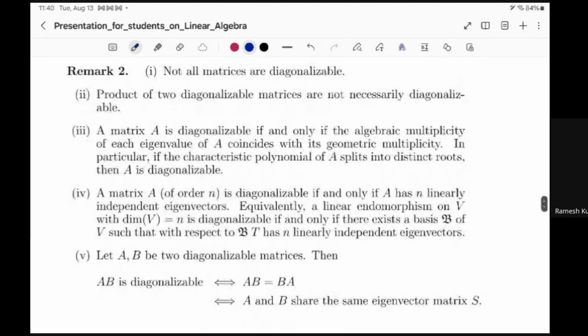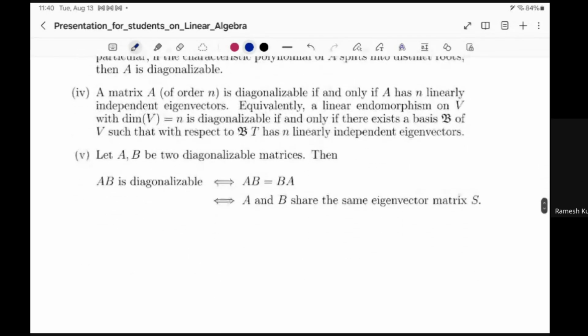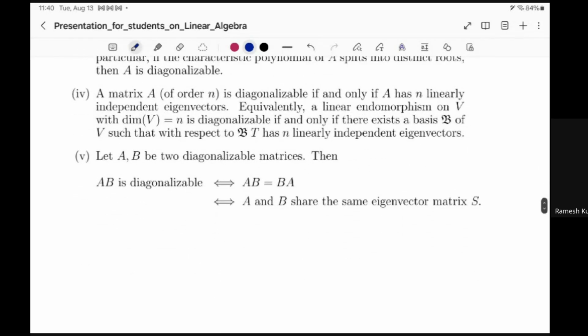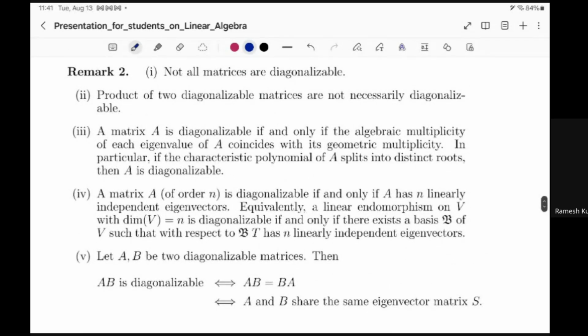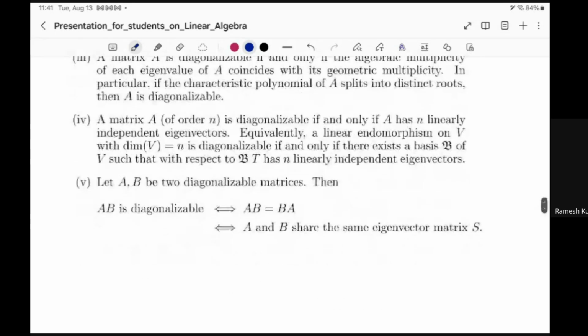Okay, 3 and 4 I've kind of explained before. And 5 is something interesting because 5 is like a follow-up of 2, I would say: when would a product of two diagonalizable matrices be a diagonalizable matrix? So this is giving you a condition.